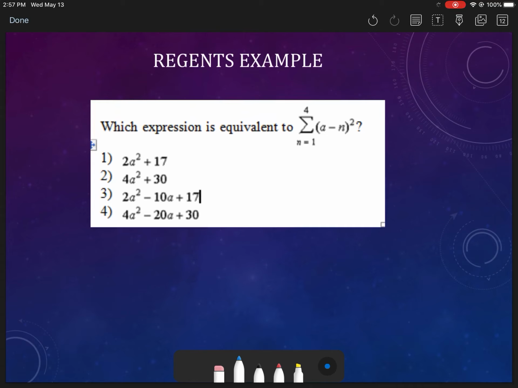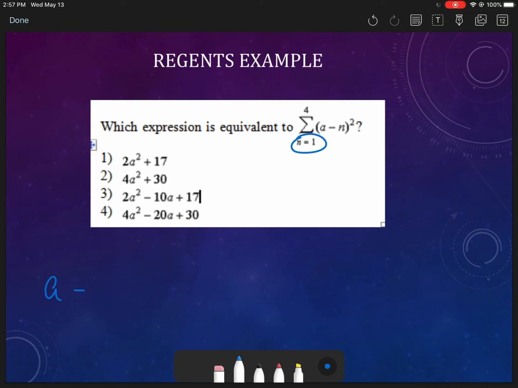All right, so this was an example of what you would see on the Regents. It says which expression is equivalent to. All right, we're starting with 1. Now notice n is equal to 1, which means you're leaving a open as a variable.